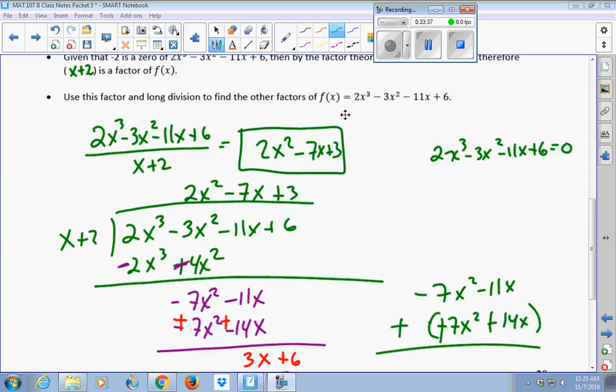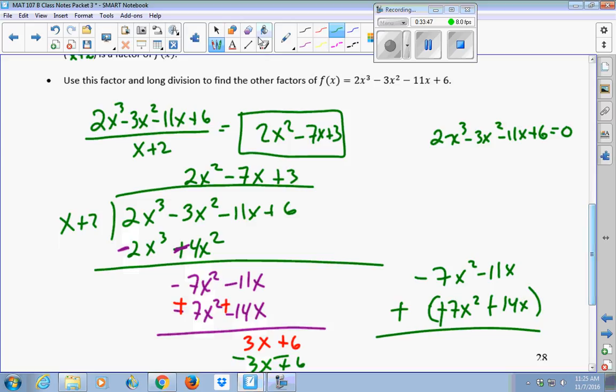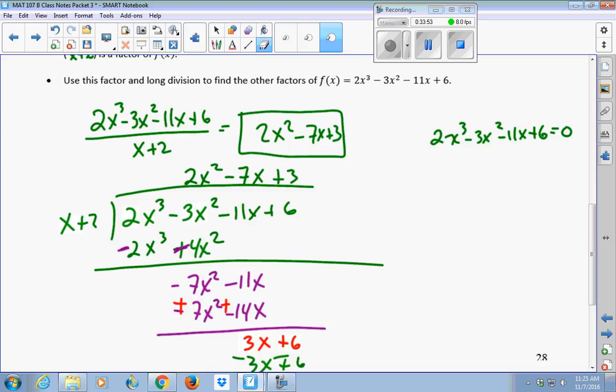Now we know that 2x cubed minus 3x squared minus 11x plus 6 equals x plus 2 times this polynomial. Let me erase some stuff here so I don't lose track. So we know this is equal to x plus 2 times 2x squared minus 7x plus 3 equals 0.